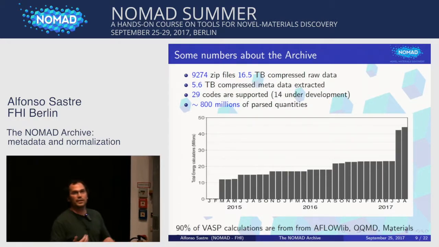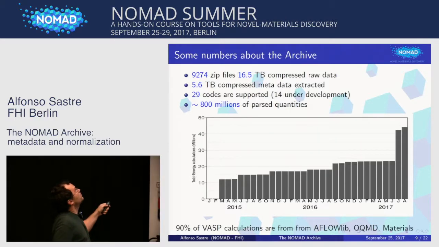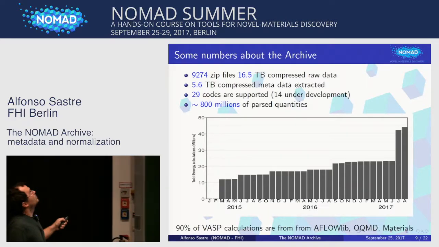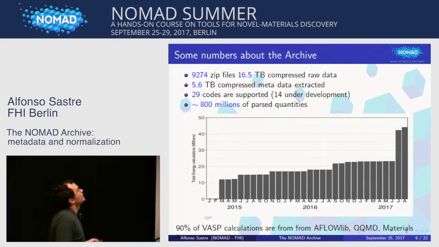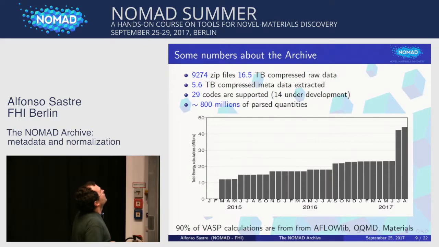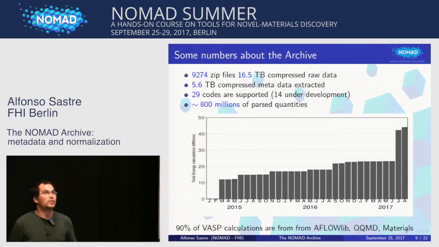This is not just text data with comments and so on. This is physical numbers. We are supporting 29 codes right now, and 14 are under development. To give an idea, we are extracting around 800 million pieces of metadata from all the calculations. So it's a lot of information you have to handle.